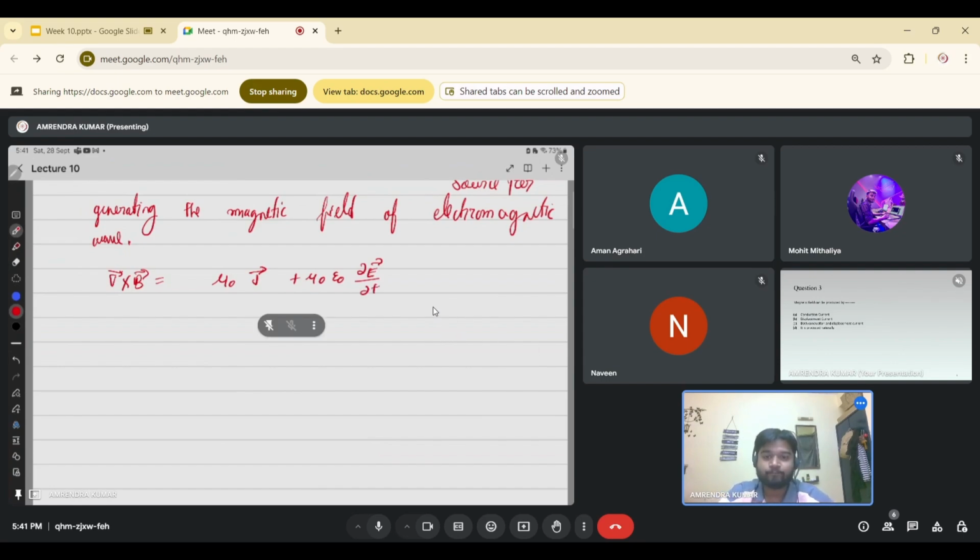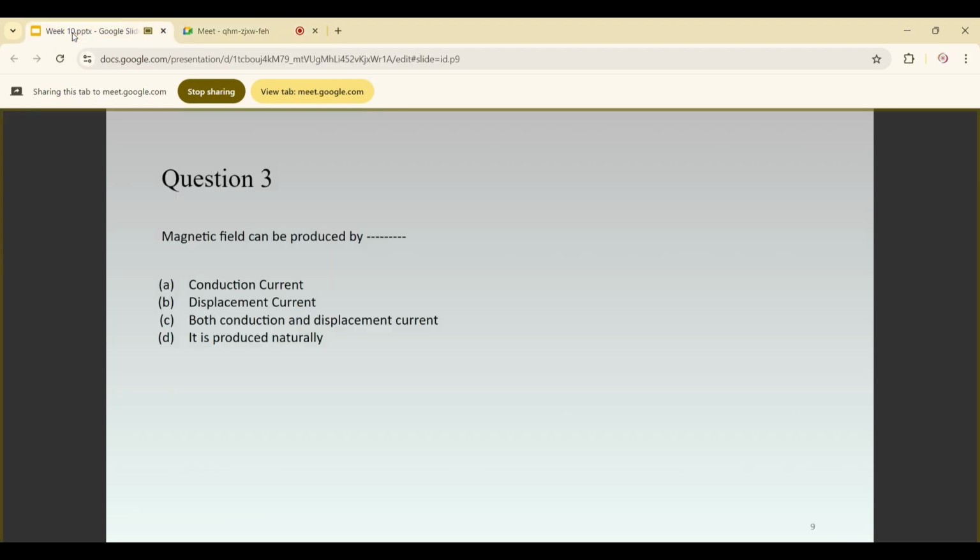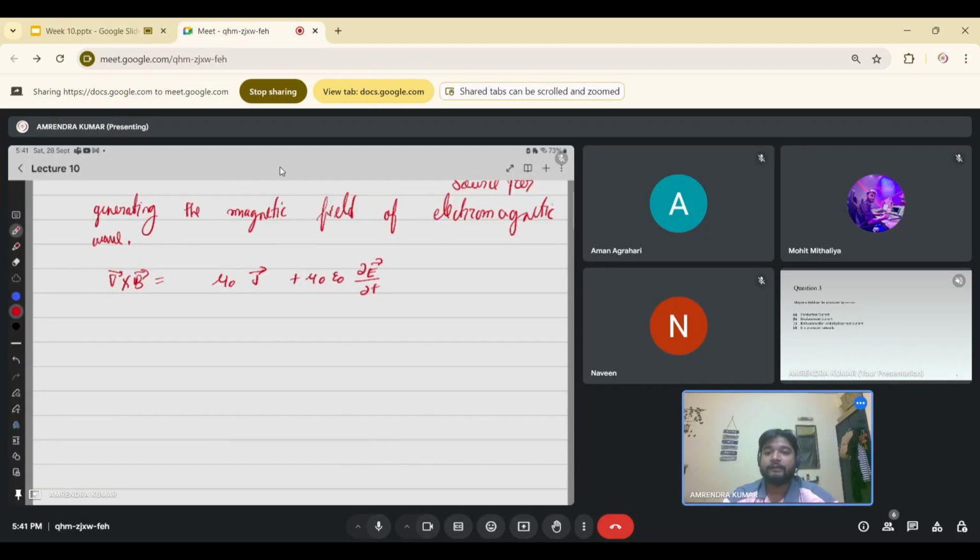The question asked is whether the magnetic field can be produced by conduction current, displacement current, or both. It is produced naturally. First of all, you can see these two terms, and this is the magnetic field.